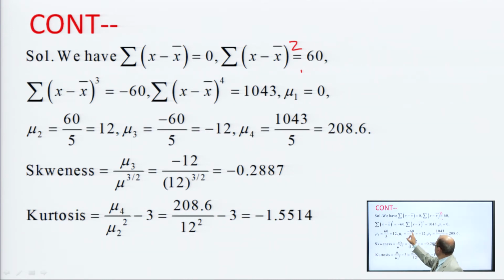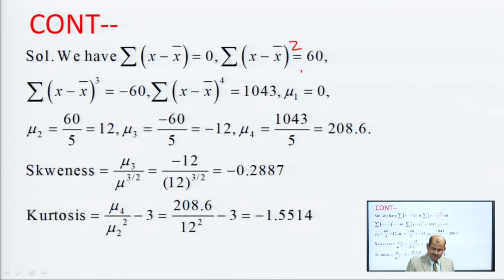Mu 3 is minus 60 divided by 5, which is equal to minus 12. Mu 4 is equal to the sum divided by 5.